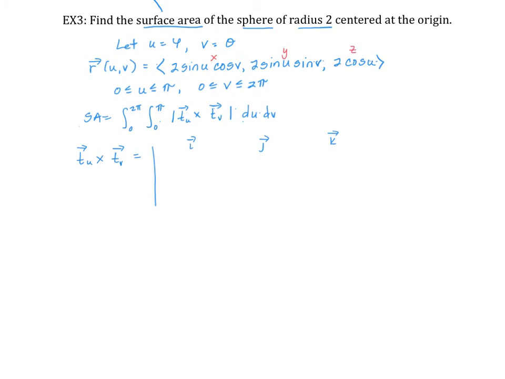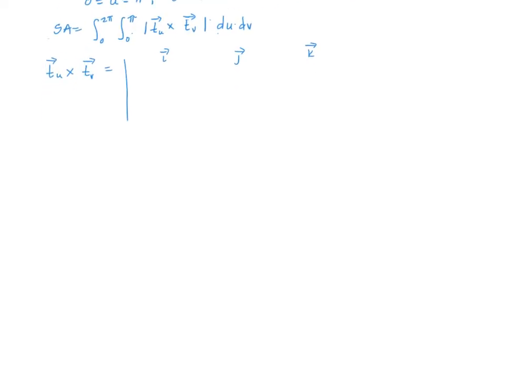So the partial derivative of x with respect to u is going to be simply 2 cosine u cosine v. The next component would be 2 cosine u sine v. And then the last would be negative 2 sine of u.